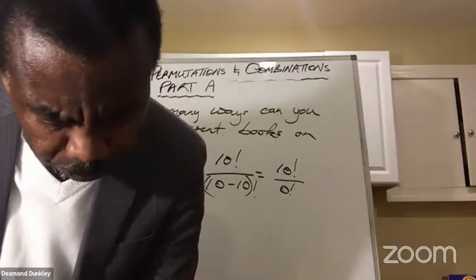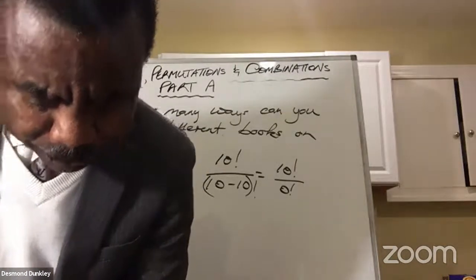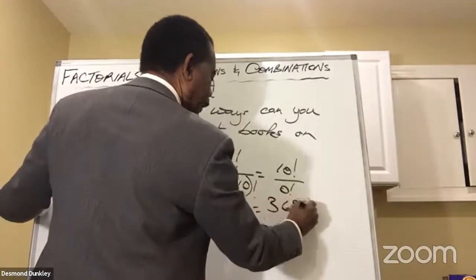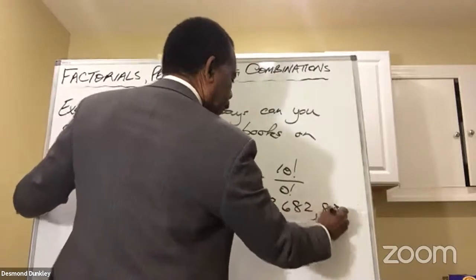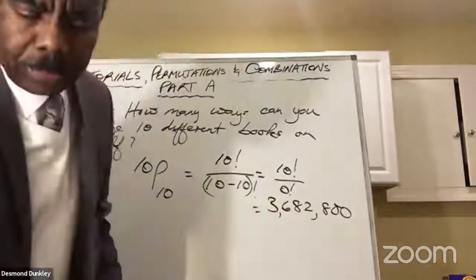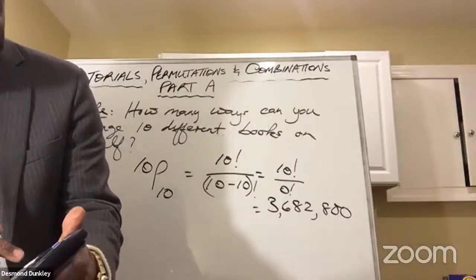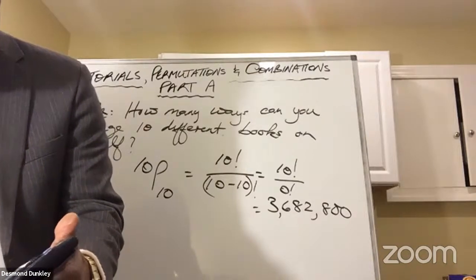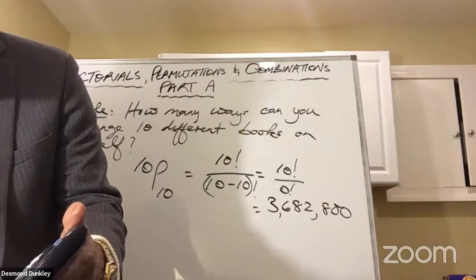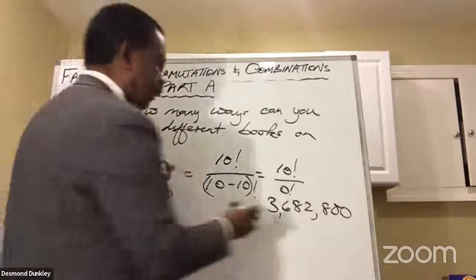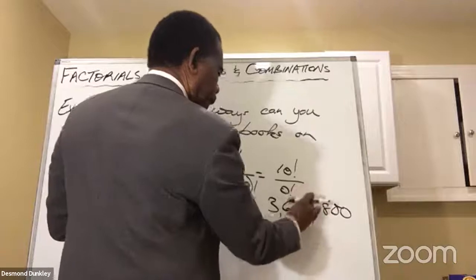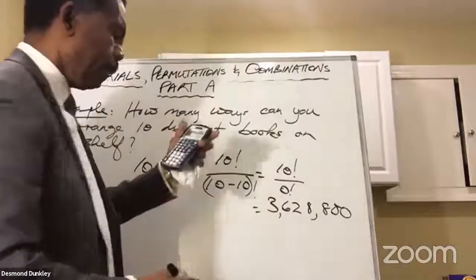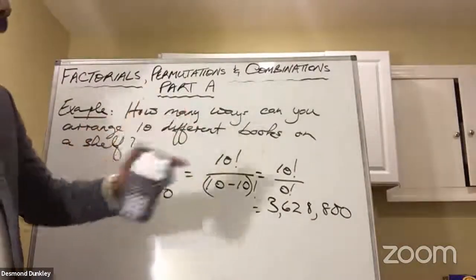3,628,800. Let me double check to make sure that I typed it in correctly. 10, PRB, factorial, and it gives me 3,628,800.